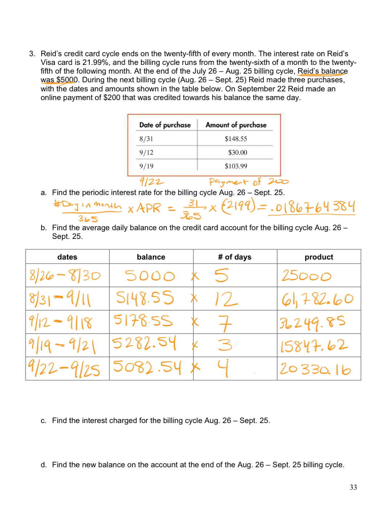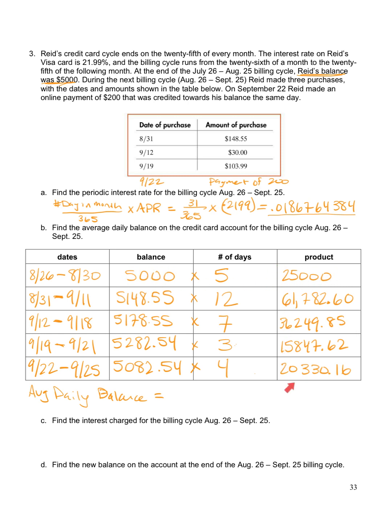All right, so now that we have the table filled out, we can calculate the average daily balance, which would involve adding up the balance over all 31 days and dividing by 31. So Reed had a balance of $5,000 for 5 days, so that would be 5,000 plus 5,000 plus 5,000 plus 5,000 plus 5,000. So that's 25,000. That's why we do the product.